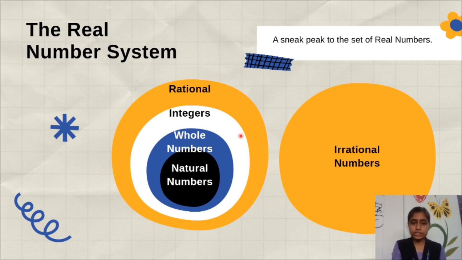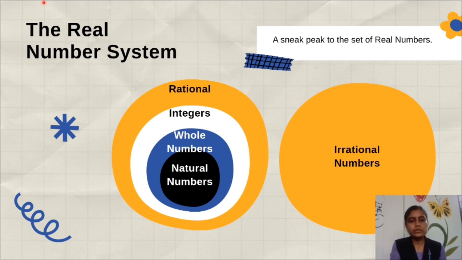All the integers are rational numbers, of the form a by b. All the numbers which are not rational numbers are called irrational numbers.